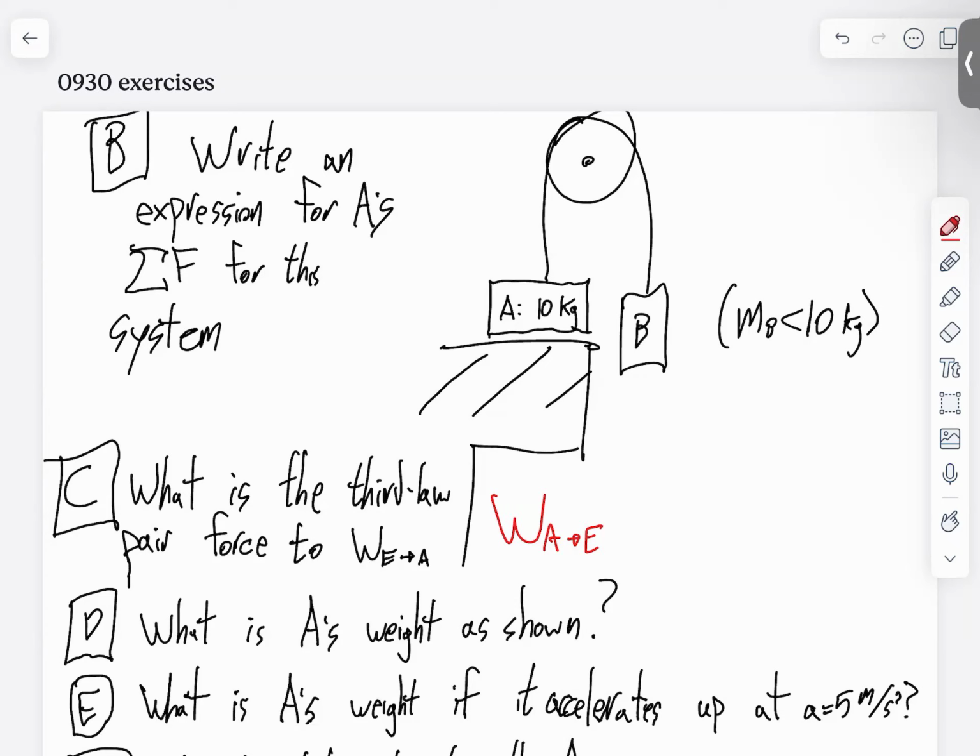If that helps you, use it. If you just hate typing the right arrow, forget it. The whole purpose of that is to remind you A pushes on E. That's what AE means. So I'm looking for WAE. And the correct answer is 98 newtons.